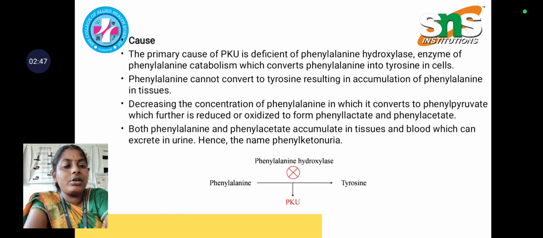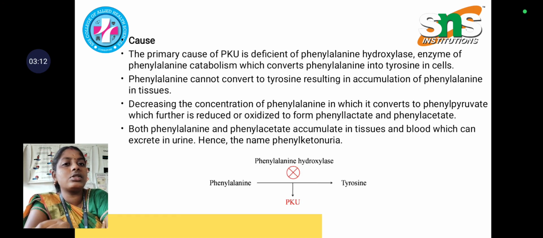When our body lacks or has a defective phenylalanine hydroxylase enzyme, phenylalanine cannot be converted into tyrosine. Phenylalanine accumulates in the tissues, and this leads to phenylketonuria.